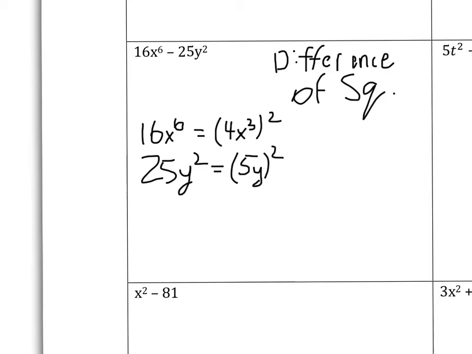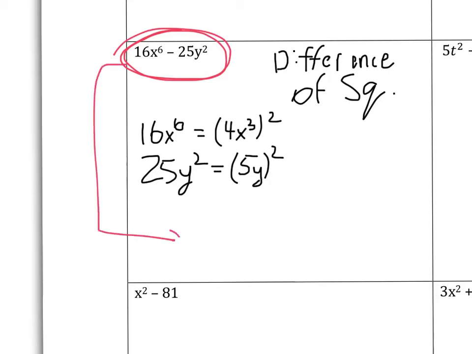So we have, in our actual question up here, a square minus a square. That's a difference of squares. A difference of squares, we can actually jump to a final answer right away. We know that there's going to be 2 binomials.